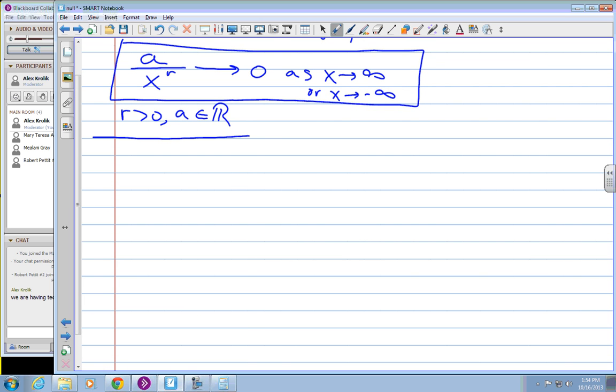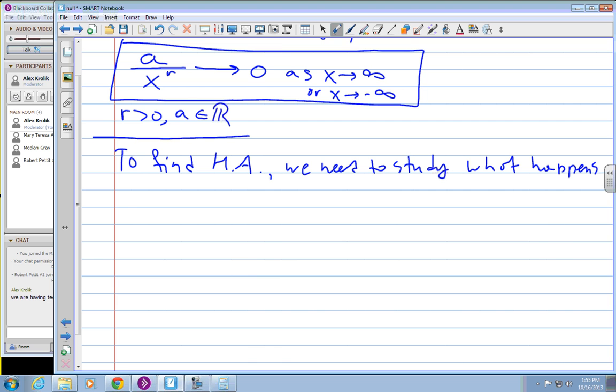So now again, to find horizontal asymptotes, which I'll be abbreviating as HA, we need to study what happens to the values of our function as x gets further from 0.